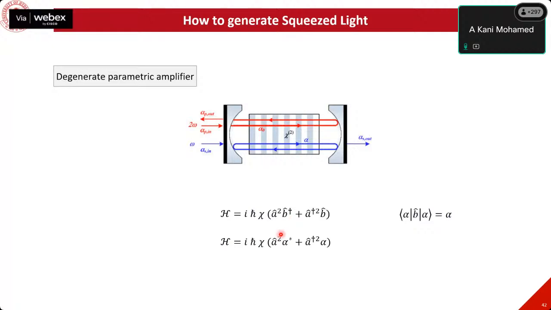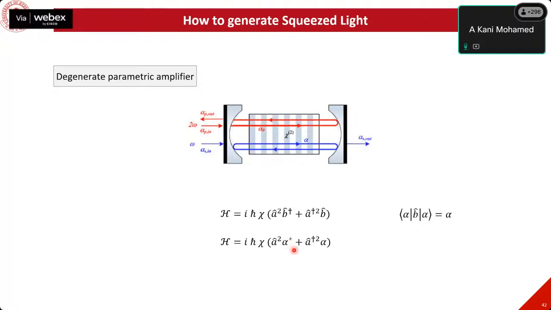We can generate a phase squeezed light or amplitude squeezed light depending on this complex number. If it is a real number, we can generate a phase squeezed light. If it is an imaginary number, we can generate an amplitude squeezed light, and if it is a general complex number, we can squeeze in any linear combination of both amplitude and phase.